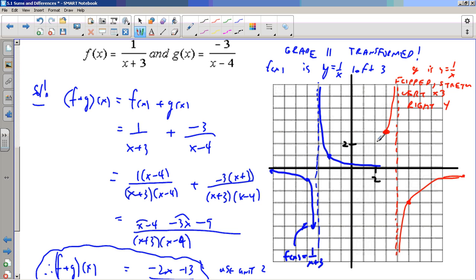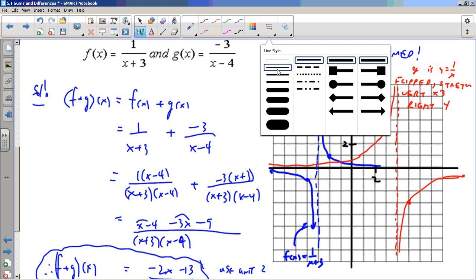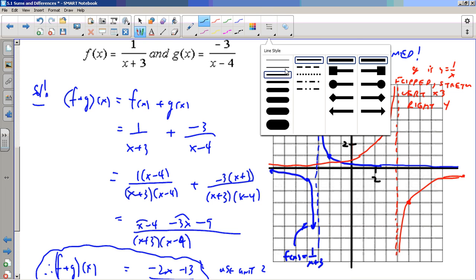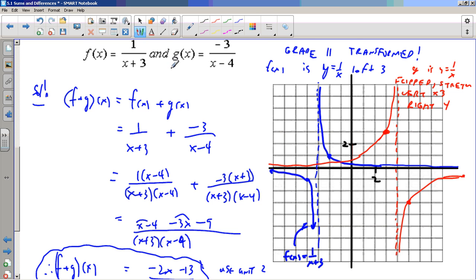And of course, I could get some more points. And normally when we were drawing these, we wouldn't extend them so much, but I want to make a point about how we combine functions graphically. So to get the new function, let's see, what color am I going to use? I'm going to use black. This new function, f plus g, remember, one thing I can do is I can just go for each value of x and add the little distances.